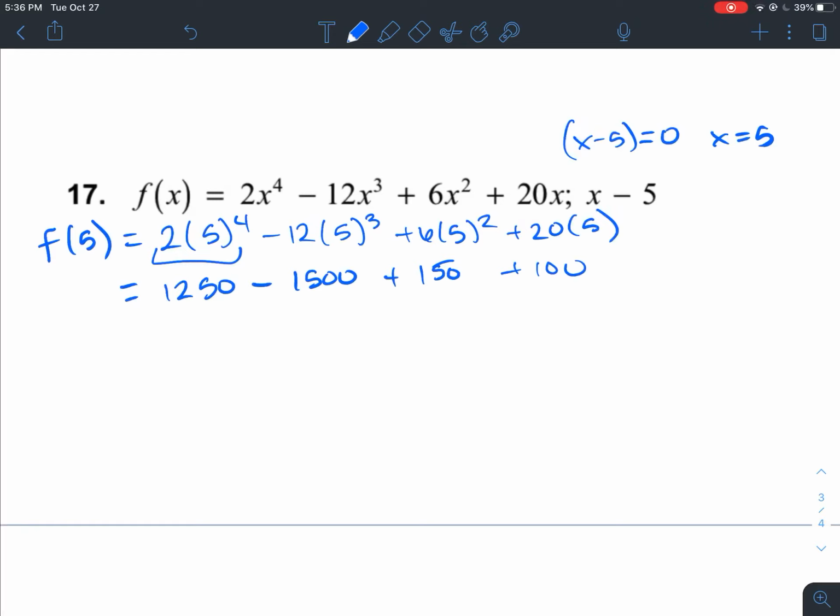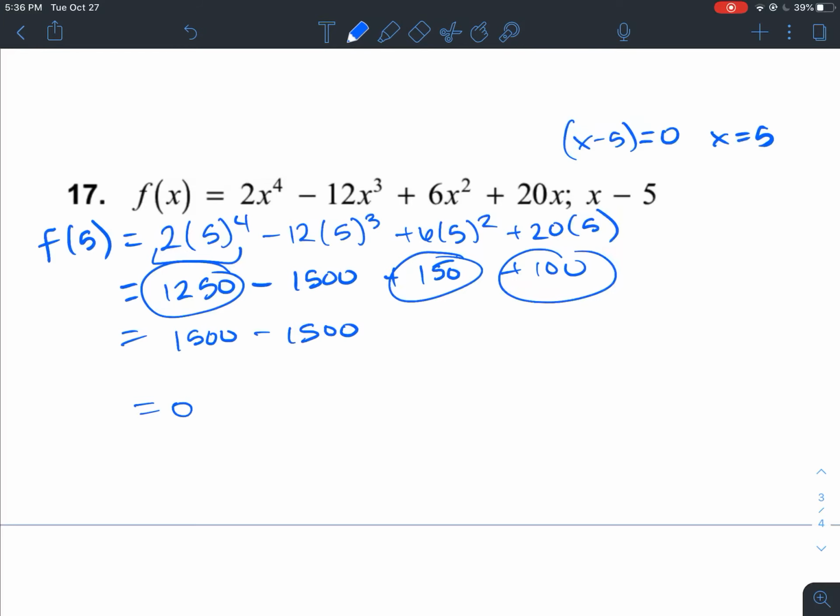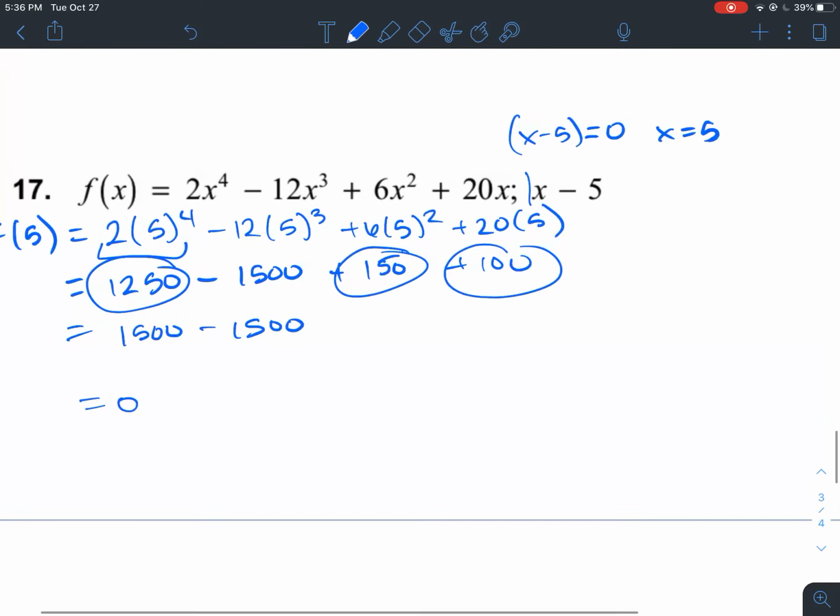So whenever I add all of this up, well, this is 150, that's 100, so that's 250, and when I combine 250 with this, I get 1500, and I'm still subtracting 1500, so then I get 0. Okay, so we've confirmed that x minus 5 is a factor.